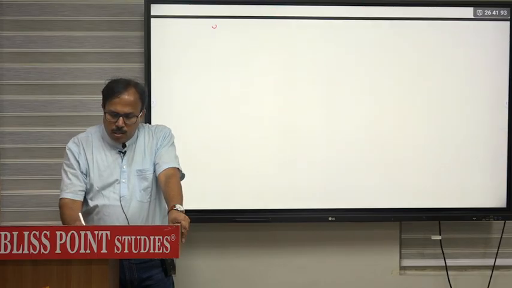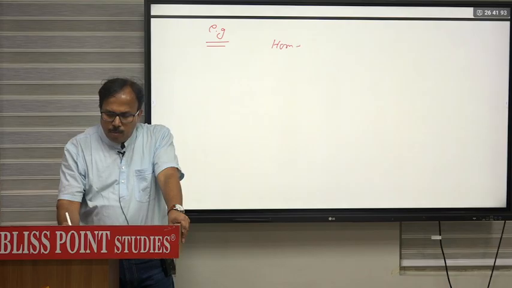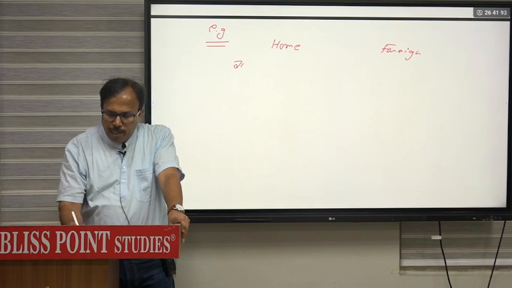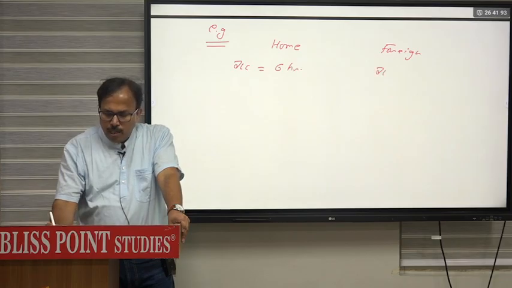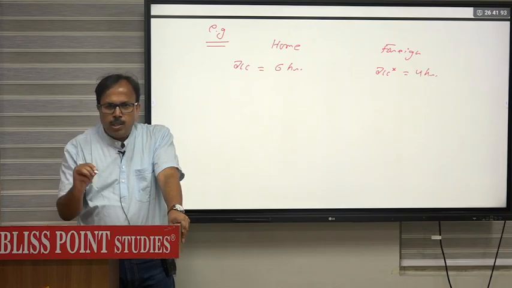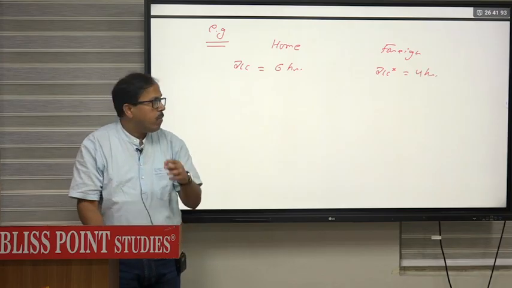Just see this example. Suppose I give information about home country and foreign country. For home country, ALC is 6 hours, and for foreign country ALC star is 4 hours. ठीक है, foreign country के लिए जहाँ denote करेंगे वहाँ star लगा दीजिएगा.